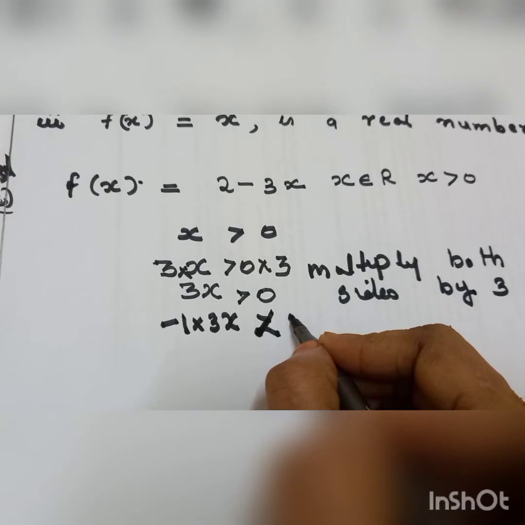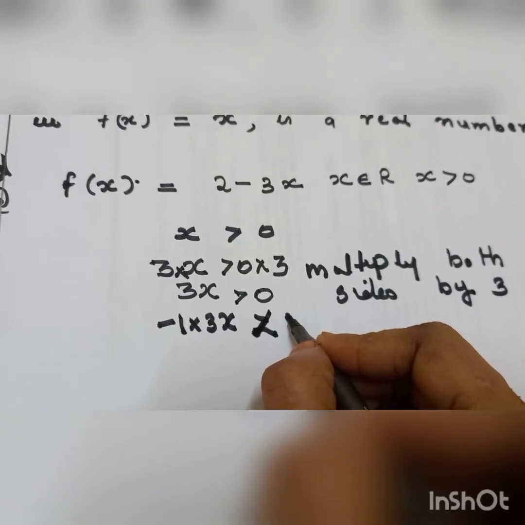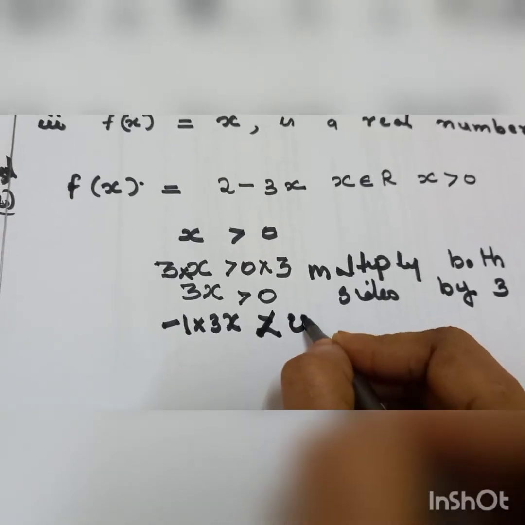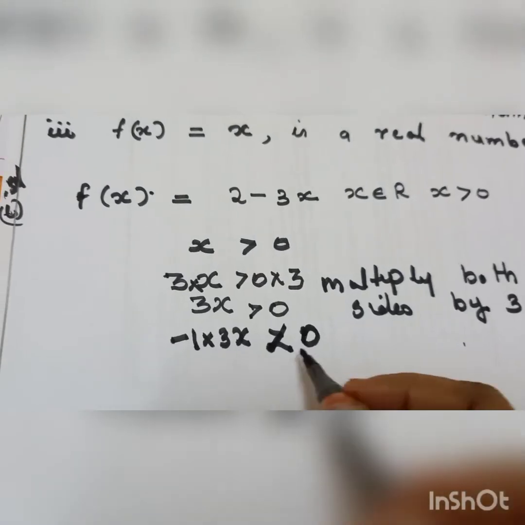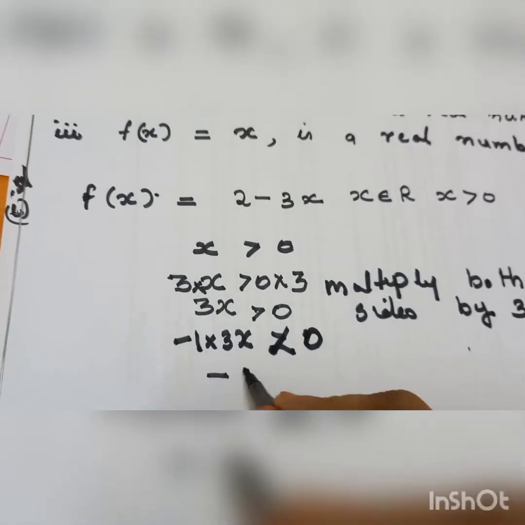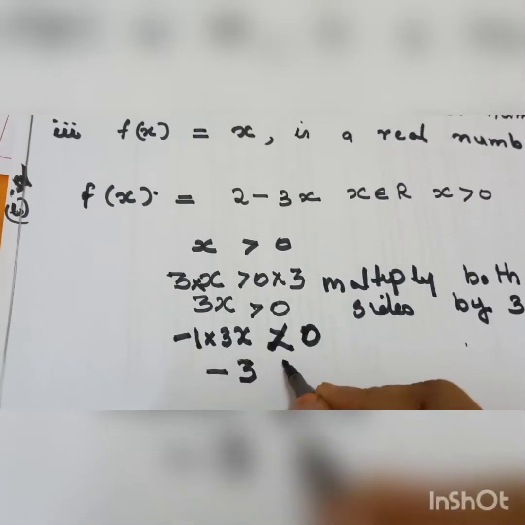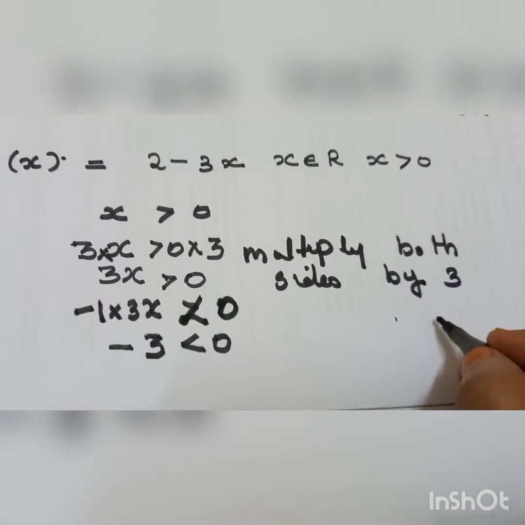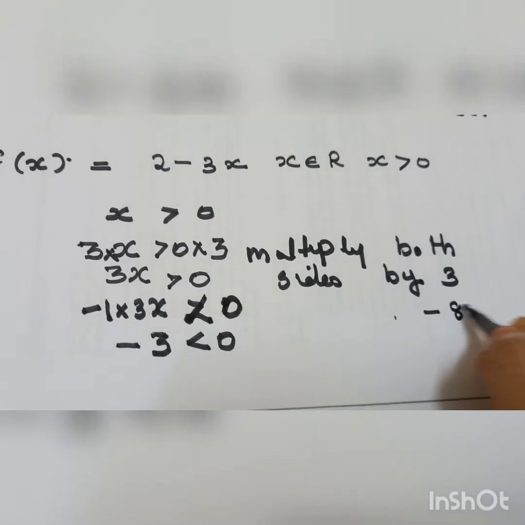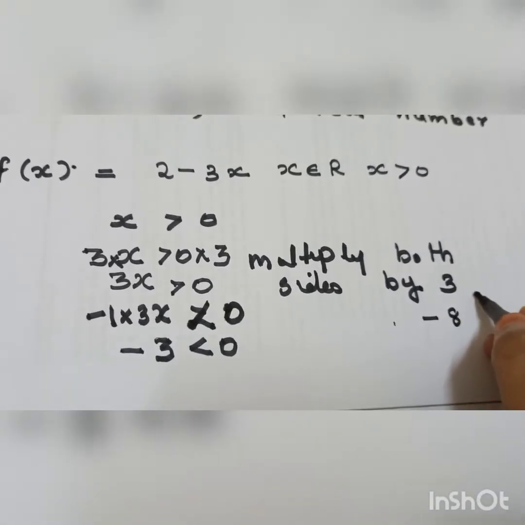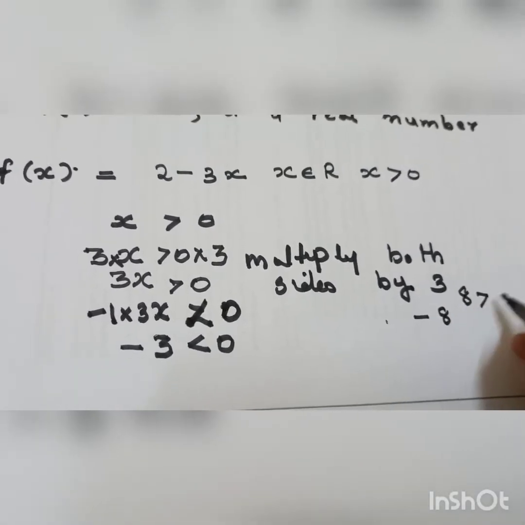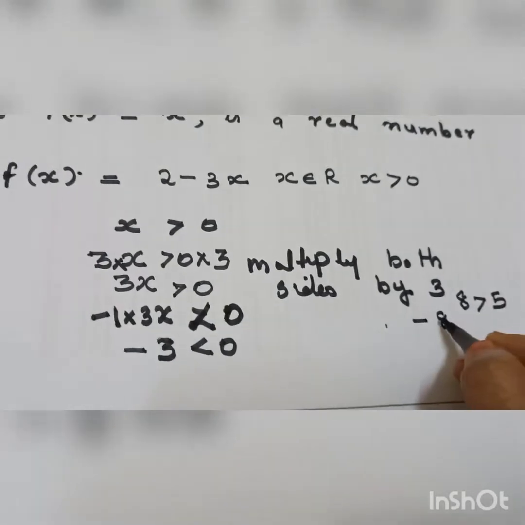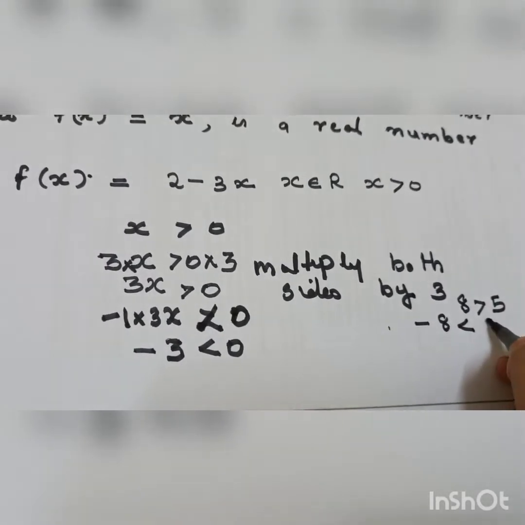So minus 3x is less than 0. For example, minus 8 is less than 5.